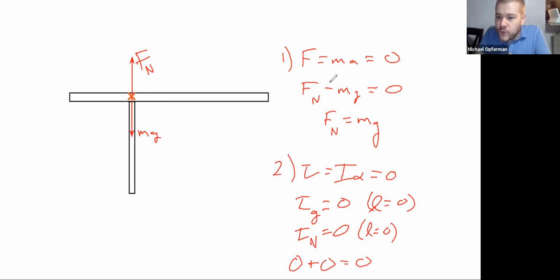You might argue, why do I have to put the axis of rotation there? Why don't I put it somewhere else? If it's not rotating, how do you even know where to put the axis? And that's perfectly true. If the object isn't rotating, there is no preferred axis of rotation. The system actually has to be in equilibrium about every axis of rotation.